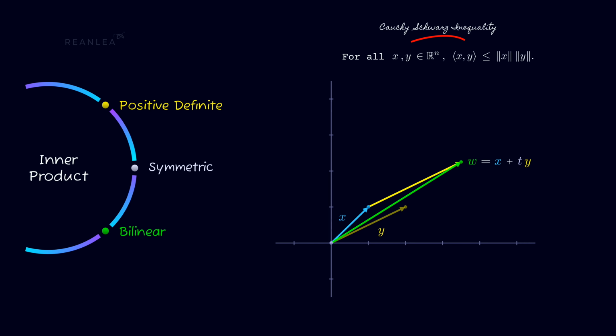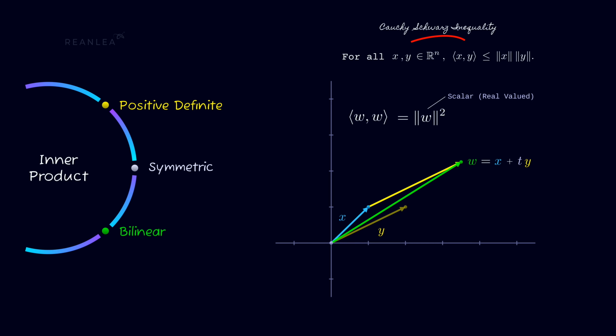That is, if we change the scalar t, then the vector w will be different. Now for any arbitrary t, if we consider the inner product of w with itself, then we will simply get the square of the norm of w, which is in fact a scalar. And here in particular it is a real number.